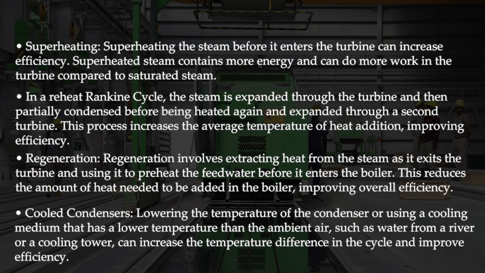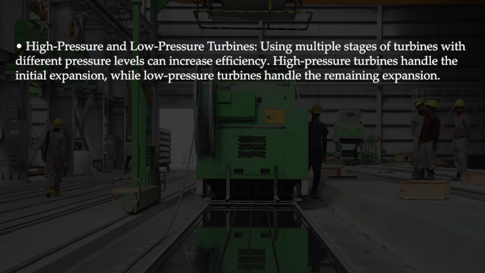Cooled condensers: lowering the temperature of the condenser, or using a cooling medium that has a lower temperature than the ambient air, such as water from a river or a cooling tower, can increase the temperature difference in the cycle.